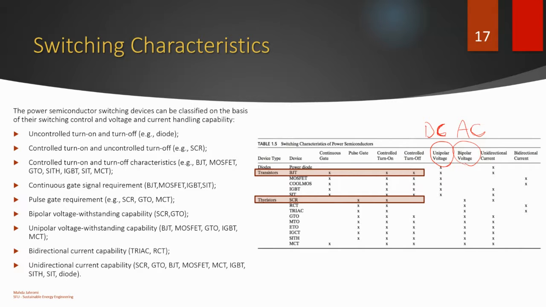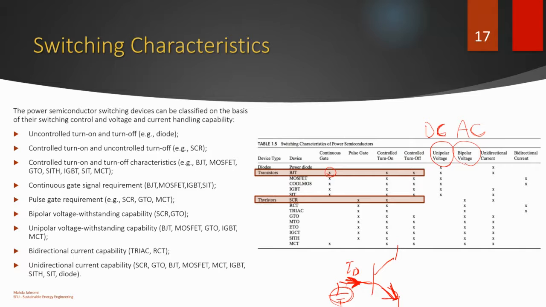Now, for transistors, what I want you to notice is that, for example, for a BJT, the way you turn on a BJT transistor is you apply a voltage or a current, if you like, to its base. As long as this current is applied to the base, the switch turns on.